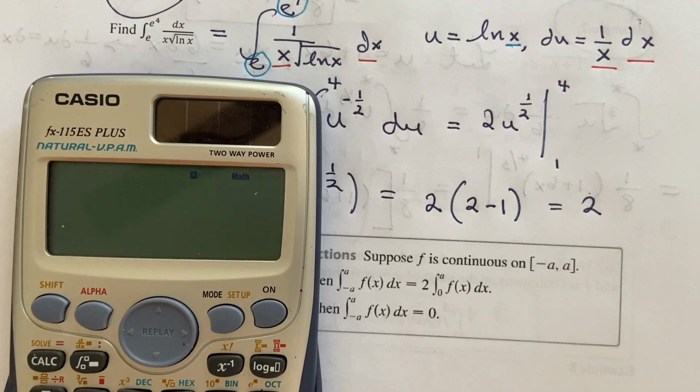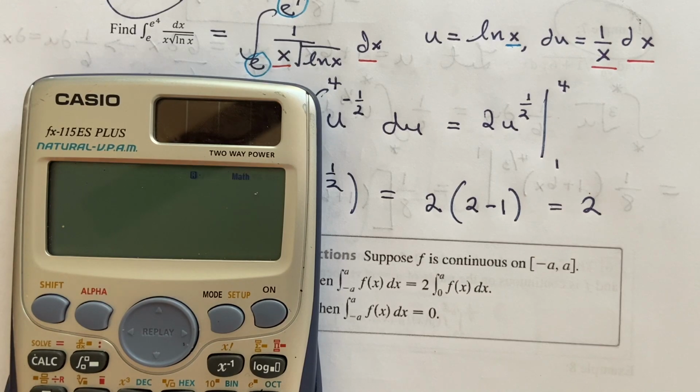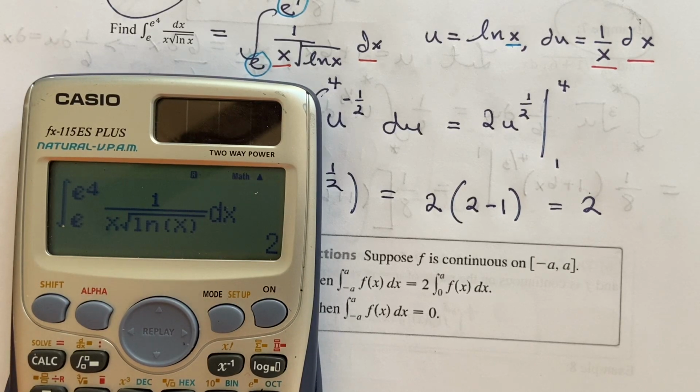Let's see what happens. Calculator's thinking. The calculator's starting to sweat now. We got a 2. All right. Good deal.